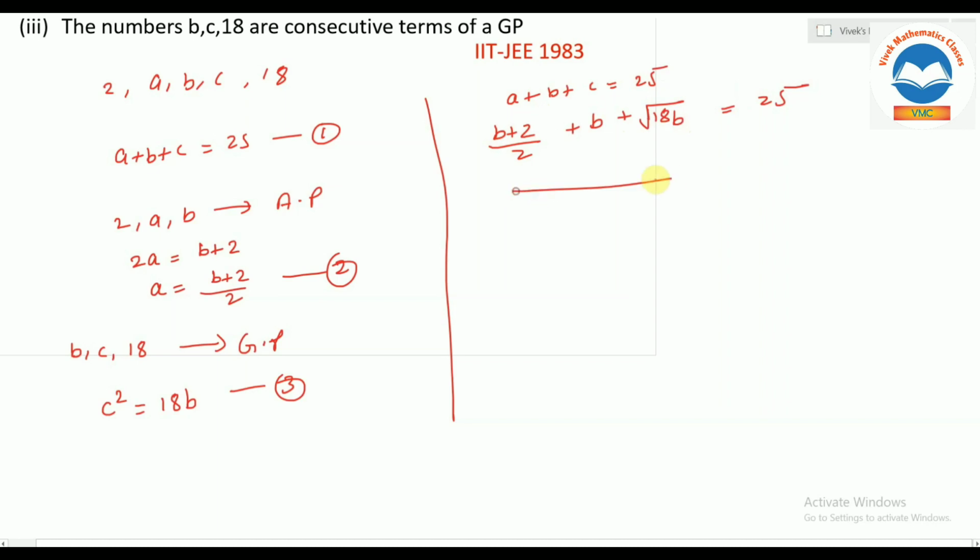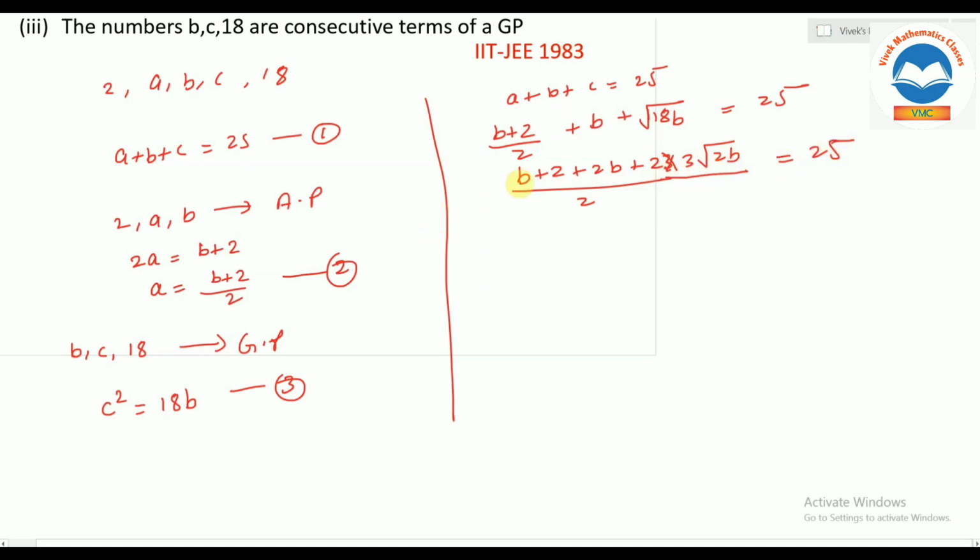So if you take LCM, LCM will be 2. You get B plus 2 plus 2B plus 2 root 18B. What can we write? 3 root 2, so 2 into 3 into root 2B, and this will be 25.